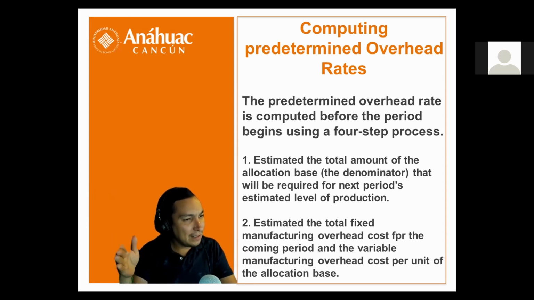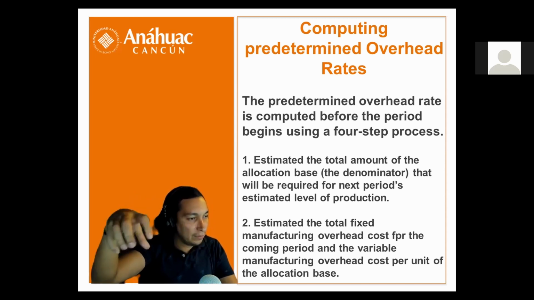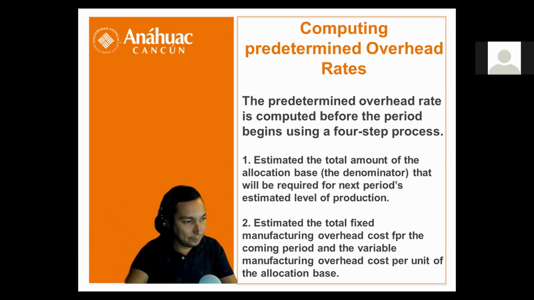Let me finish this and get just the idea, and then we will review and do an exercise of allocation base and how we are going to pass MO into a job order, in order to get the final cost for each job sheet.